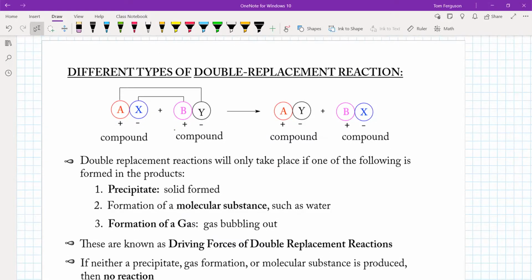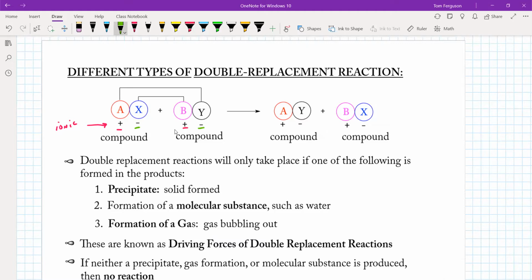Okay, so the deal is you've got two compounds. And what happens is you've got a swapping of the two. So we have a cation and a cation, and we have an anion and an anion. Okay.